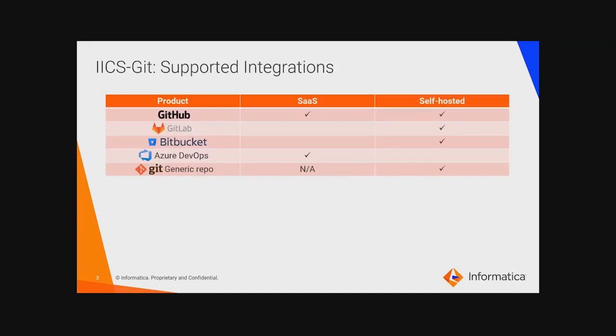This is the list of supported version control management solutions with the IICS platform. In this list, some of the solutions are SaaS based and some are self-hosted in the customer environment. For today's demo, we will be using a cloud-based GitHub repository.